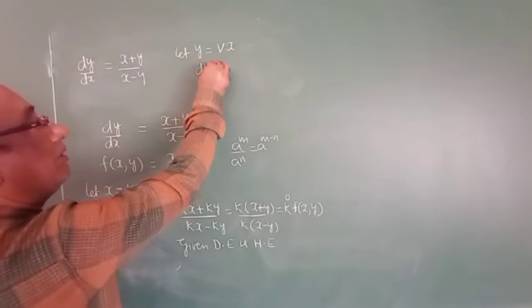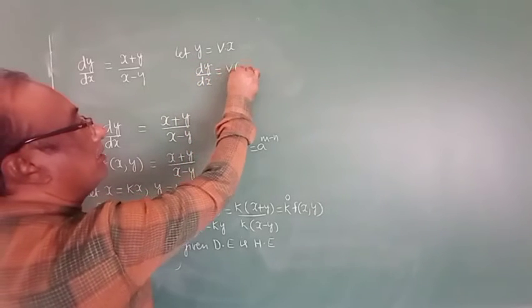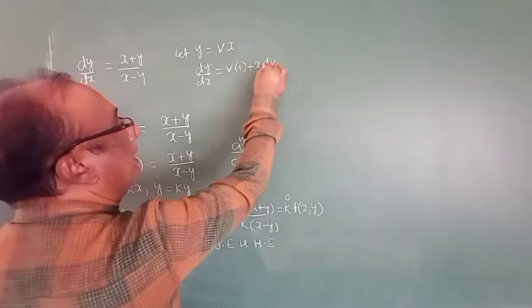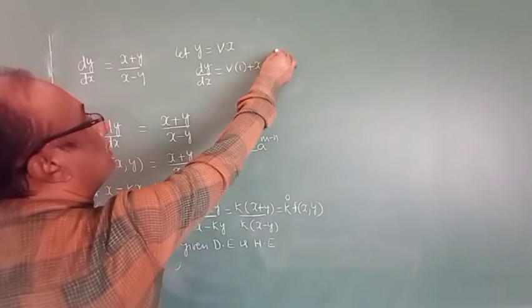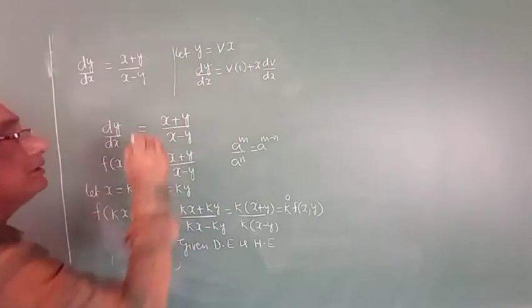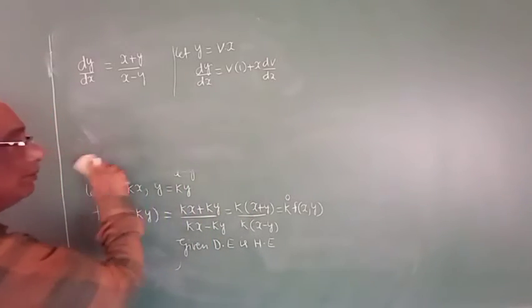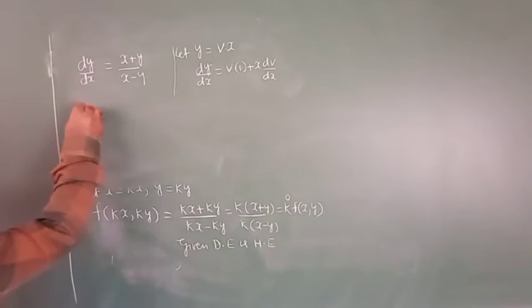Immediately dy by dx is equal to v times x derivative, which is 1, plus x times v derivative, dv by dx. Now substitute into this equation. It will become the variable separable method.